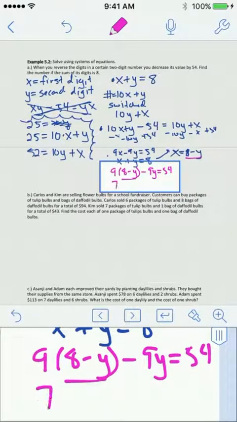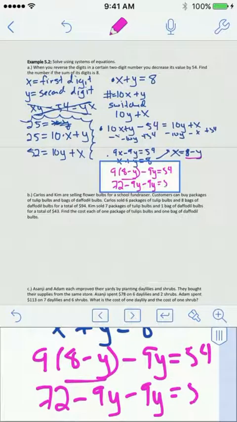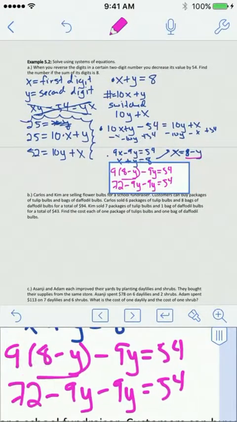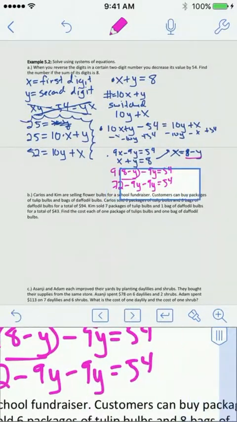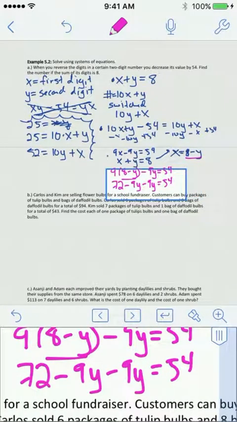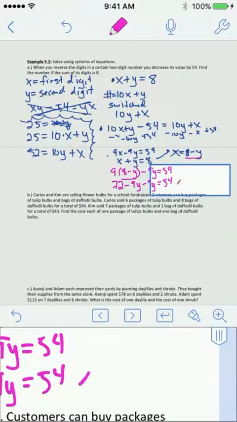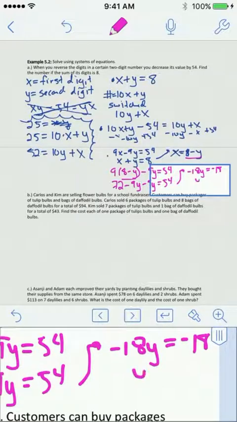Now I can distribute. 72 minus 9y minus 9y, which is 72 minus 18y, is equal to 54. So I have negative 18y is equal to 54 minus 72, which is definitely going to be a negative number, negative 18. And therefore y is equal to 1. So I know y is equal to 1.